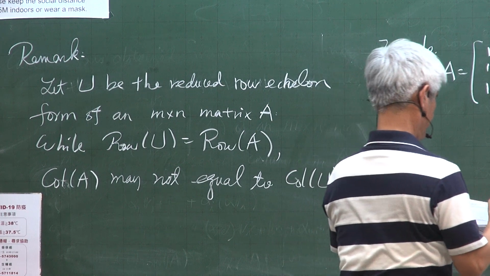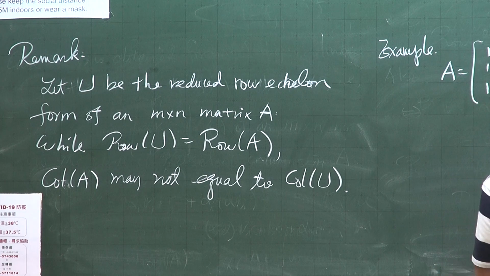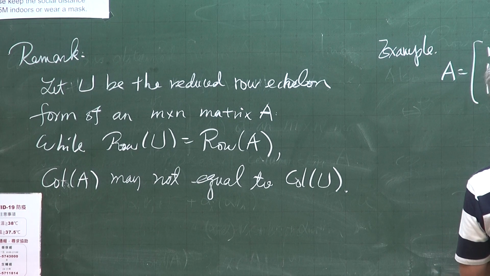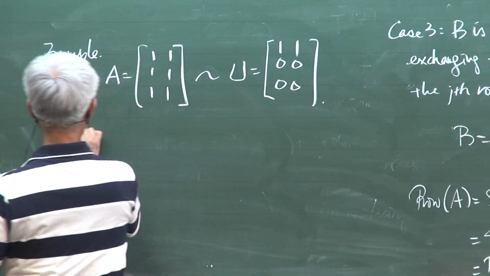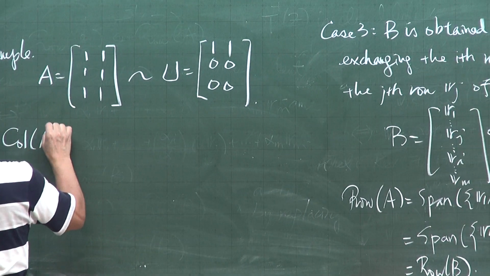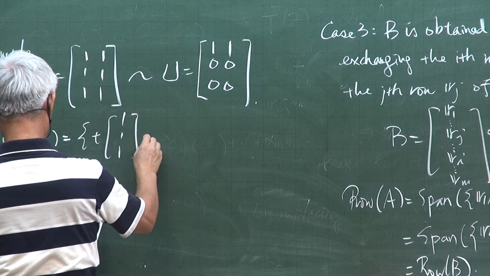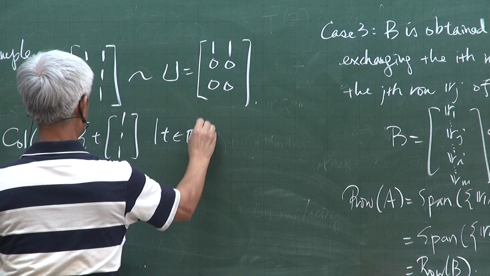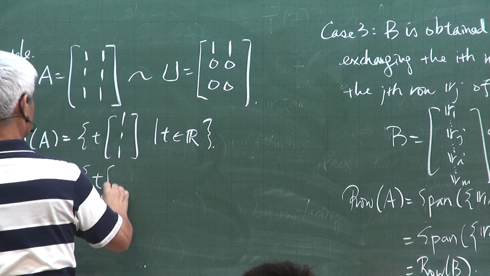Its reduced echelon form is here. So A and U have the same row space by our theorem, right? Now look at the column space of A. What is that? The column space of A is t(1, 1, 1) such that t is in R. But the column space of U is t(1, 0, 0).